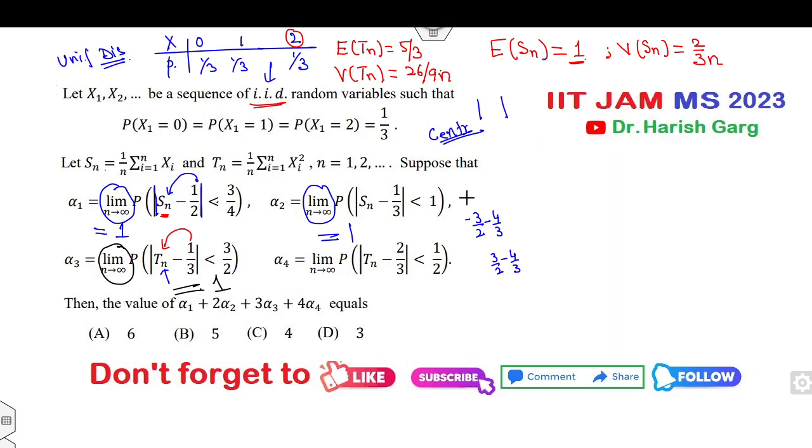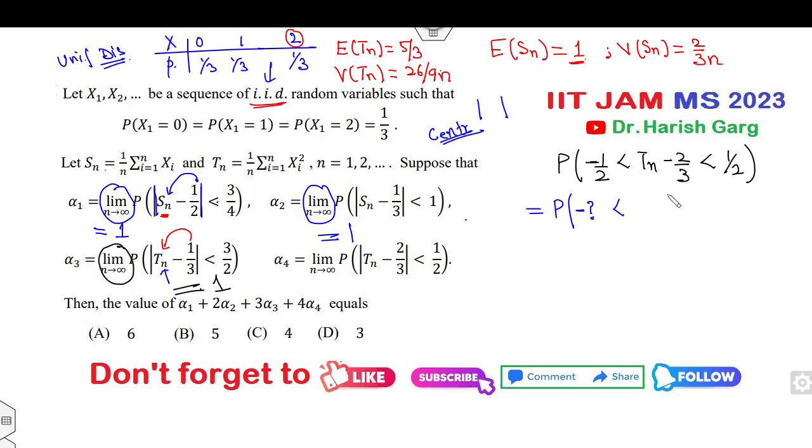Similarly, we can apply it for the last case. I can write this term as minus half Tn minus 2 over 3 plus half. Then I can subtract 5 by 3. So this part is my negative of something. If I subtract 5 over 3, it is my minus 1 over 6, a negative of something.